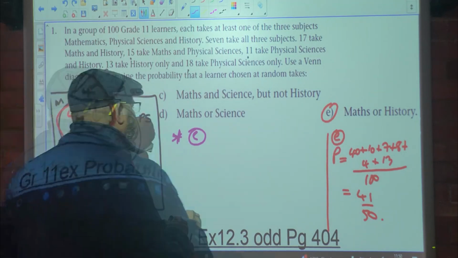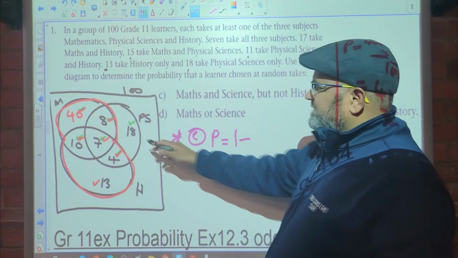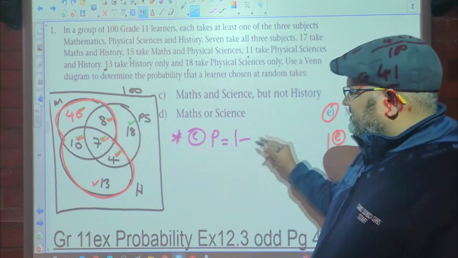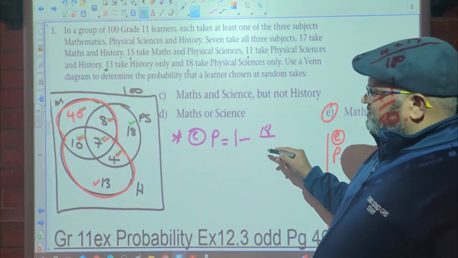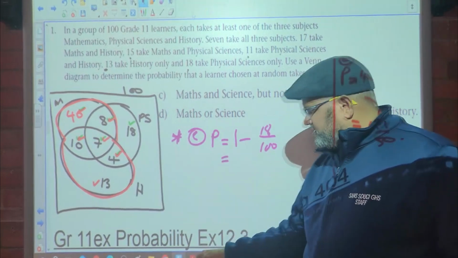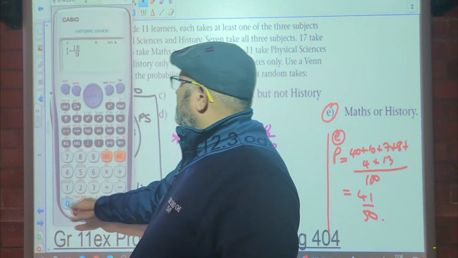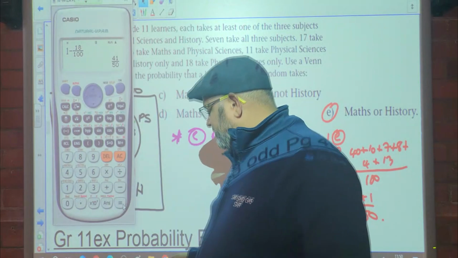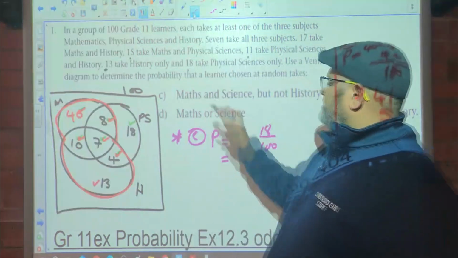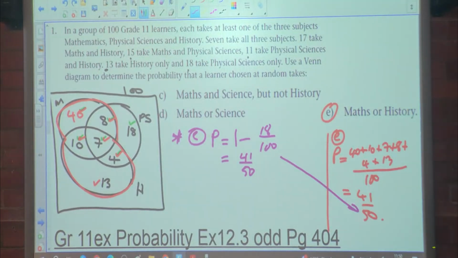So what we say is, the probability will simply be 1 minus the probability of the one that's omitted, which is 18 out of 100. Will you do that? 1 minus, which is 41 over 50. Which is exactly that answer.